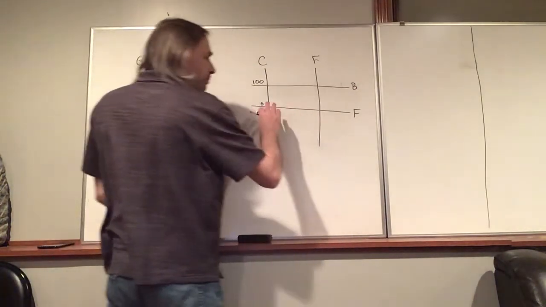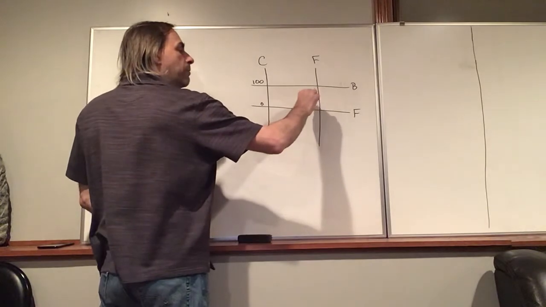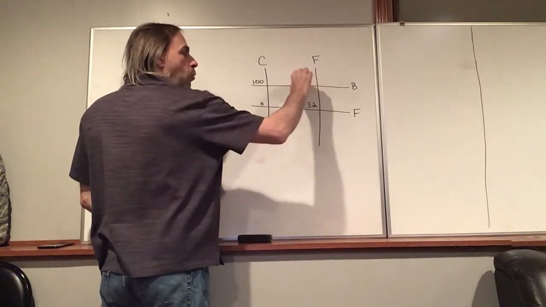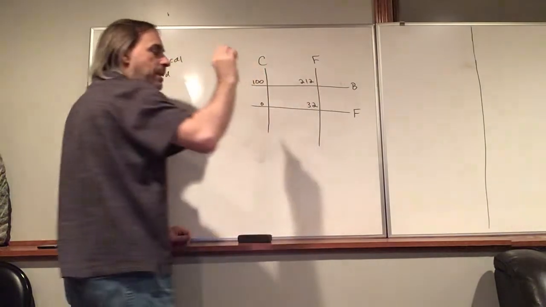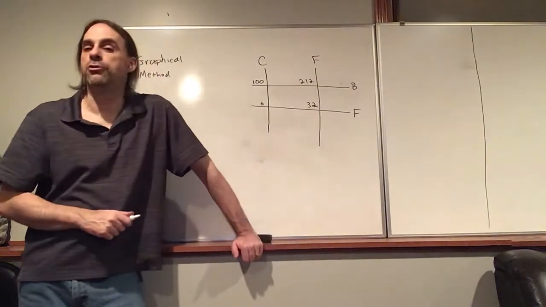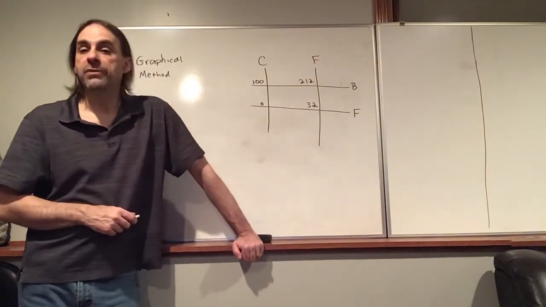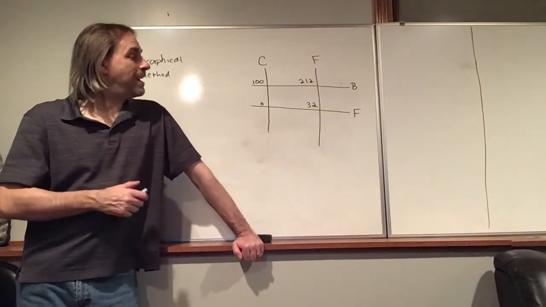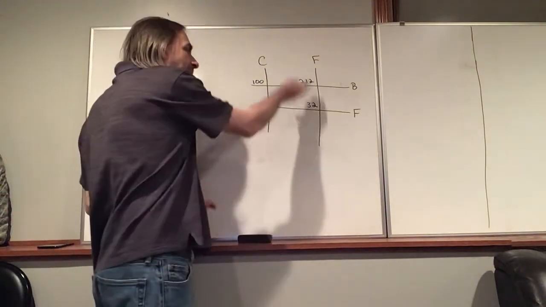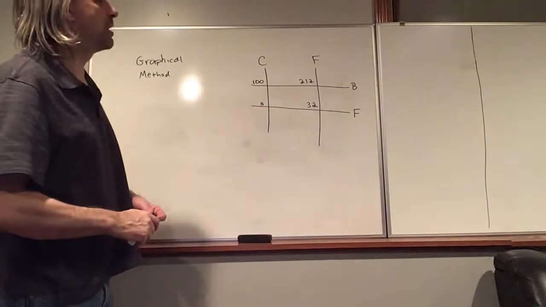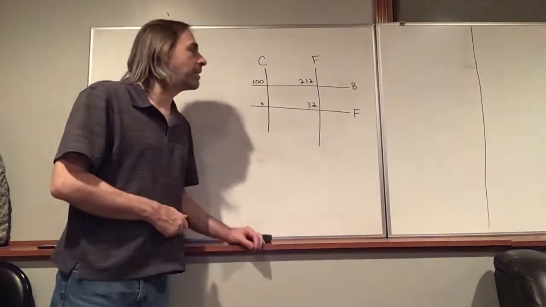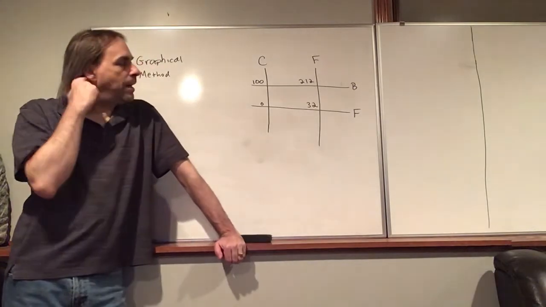But in the Fahrenheit scale, they redefined it so that water freezes at 32 degrees and boils at 212. Okay, so we've got these two temperature scales, and we redefined the reference level. So now everything is based on boiling and freezing water under standard conditions.